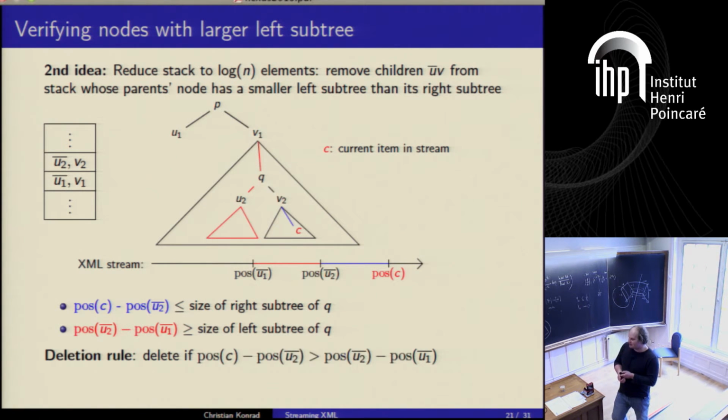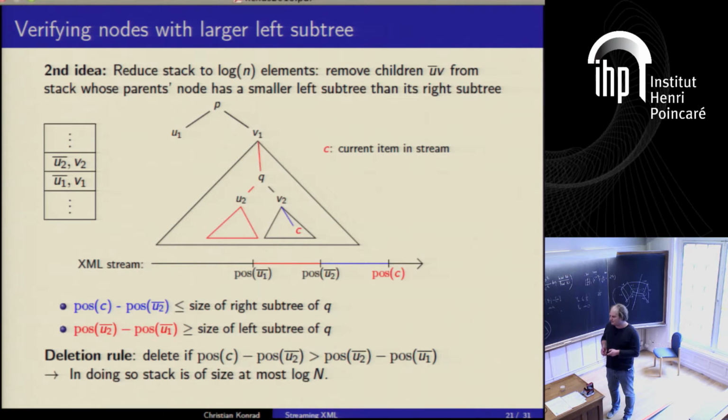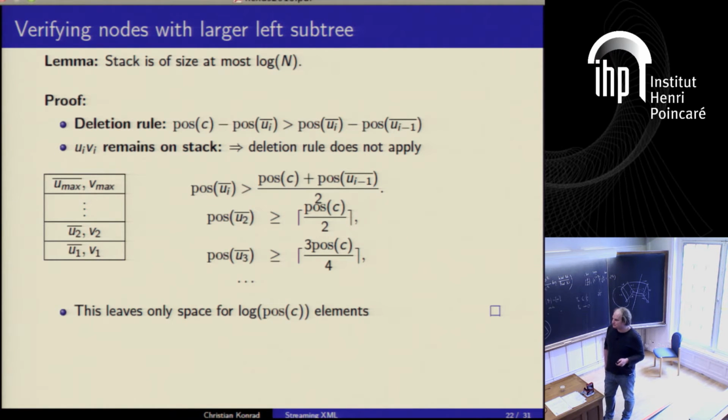And we will simply delete an element from the stack if ever this condition is fulfilled, which gives us this condition about the sizes of the subtrees. If we do that, we can see that the size of the stack can't be larger than log n. The reason is that this deletion rule gives us bounds on the positions in the stream where the elements appear.